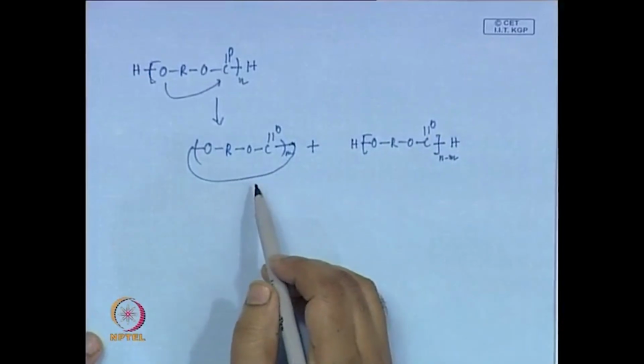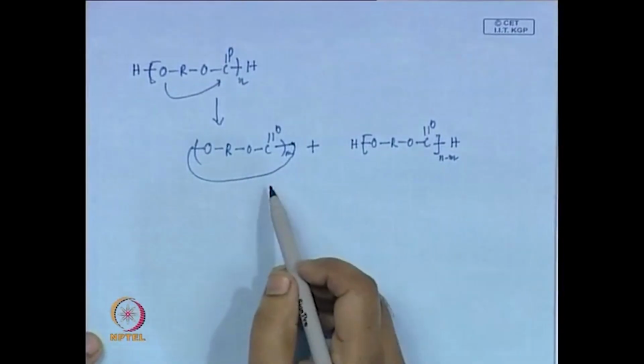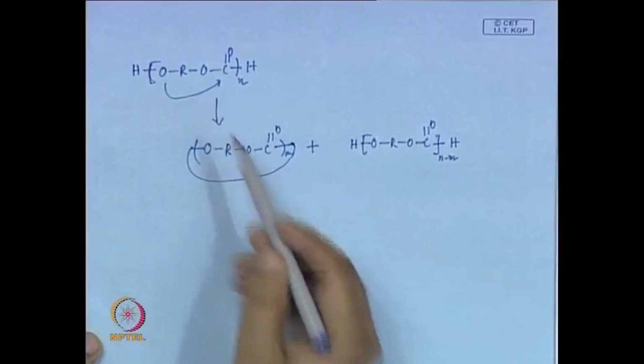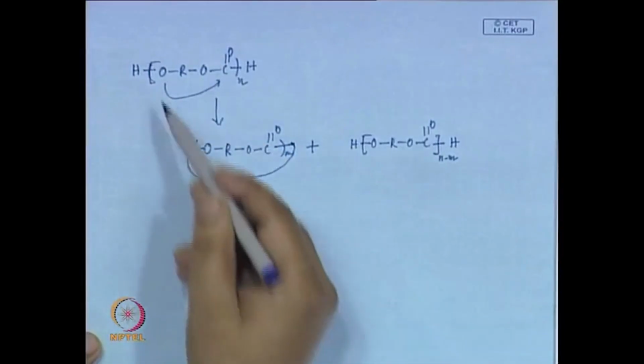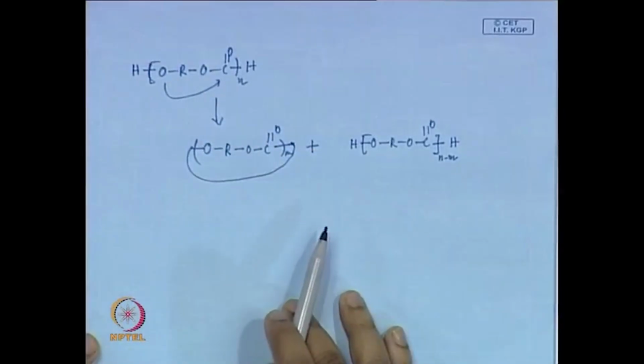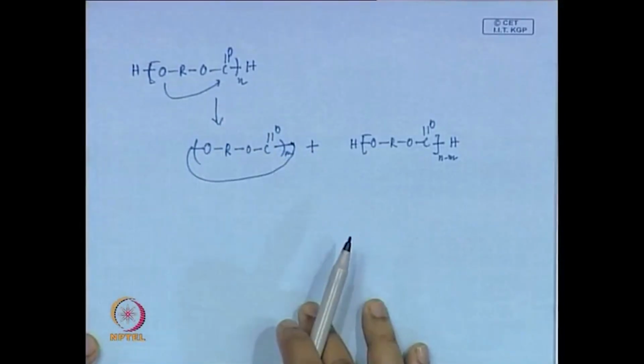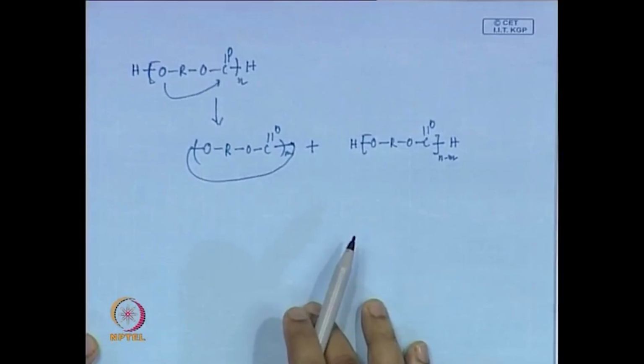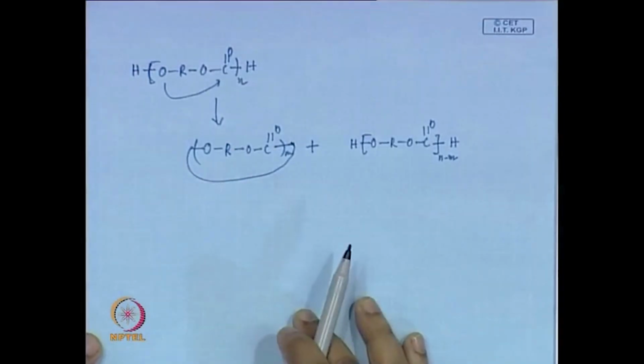So, this is another way the cyclic can form, and this process is called backbiting, from the end of the polymer chain to the backbone of the existing polymer chain. So, that is backbiting by nucleophilic substitution reaction.